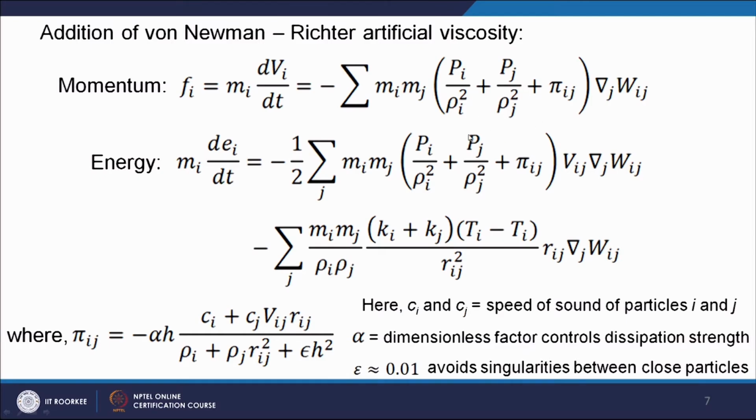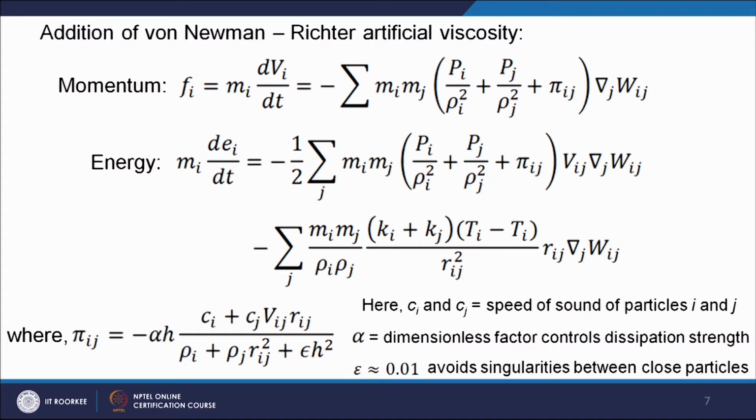Here we are adding this extra term, Pi ij, based on the von Neumann-Richtmyer artificial viscosity. And this term was earlier also there, the derivative of the smoothing function. Right. So, this is the proposition of von Neumann and Richtmyer. They said that this will be the artificial viscosity we can add to gain back the continuum nature.